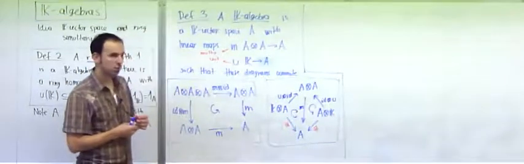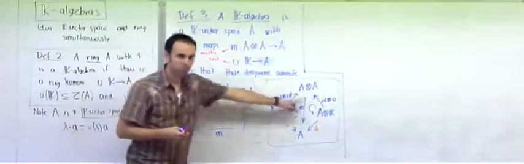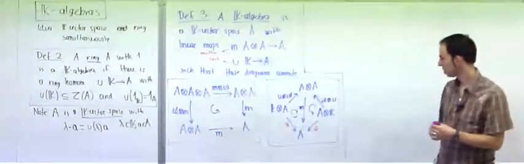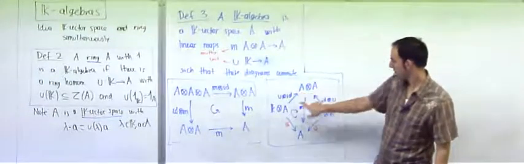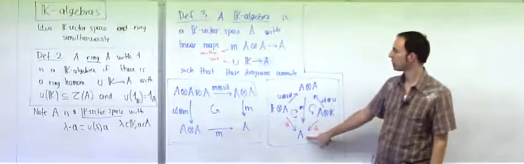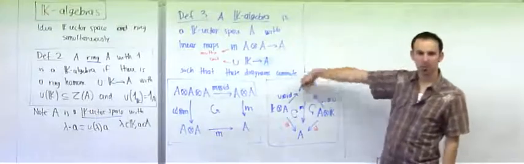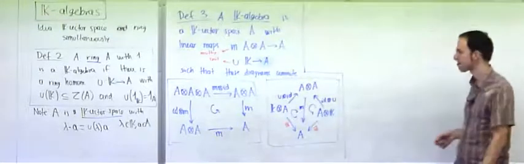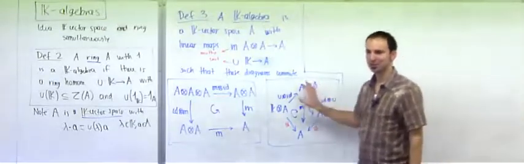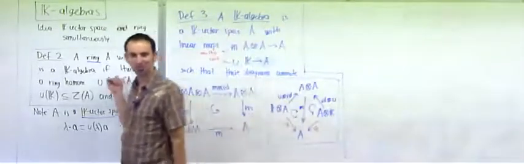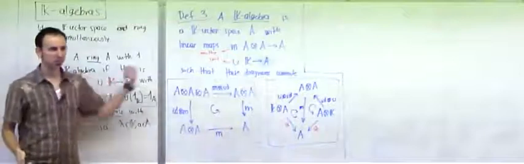You're talking about this one? Yeah. Are you saying you can go straight from here to there? Yes, if I need to go from A tensor A to A, I have a natural way of doing it, which is to use my map M. And that's the one that I'm using. What should not at all be clear is why this is meant to be equivalent to this. These look very different from each other.